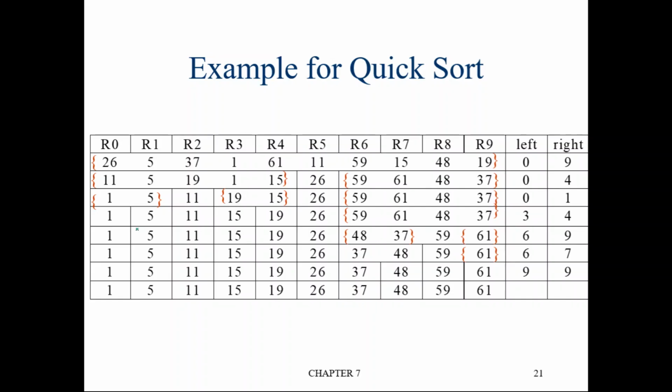So the left side of 11 is what? There are only two elements. So pivot is this. 1 is the pivot. So pivot is equal to 1. And start will be what? 0, as usual, the 0th location.